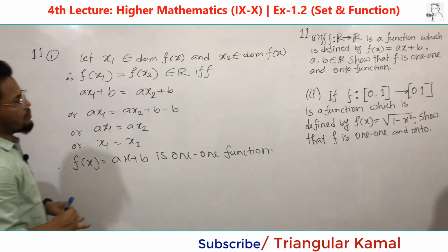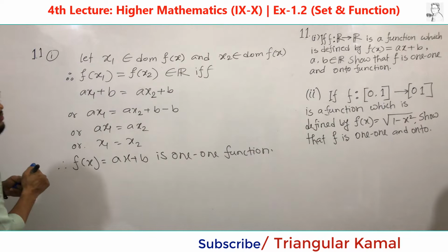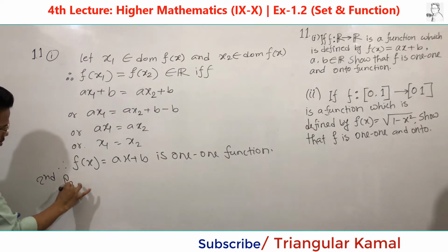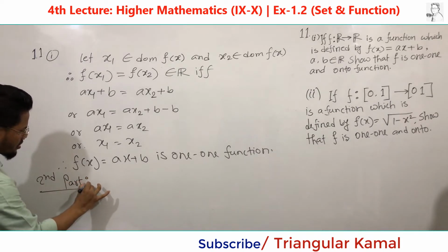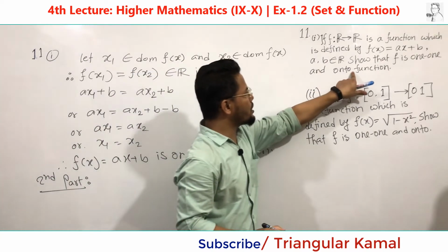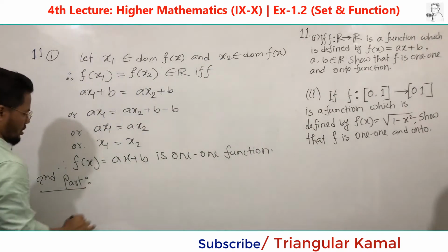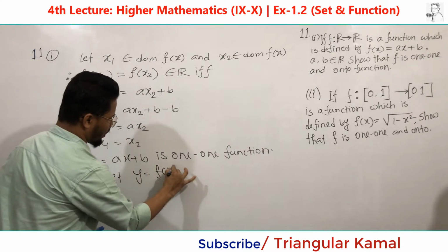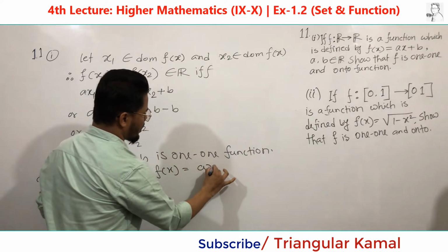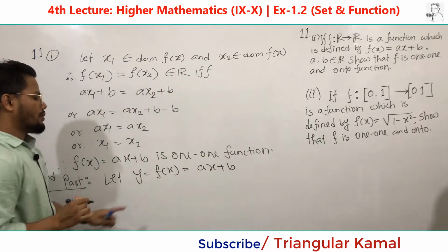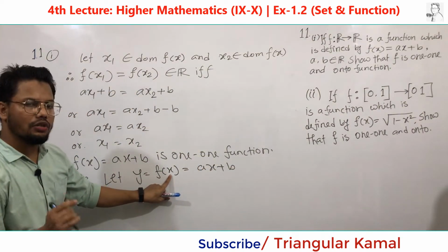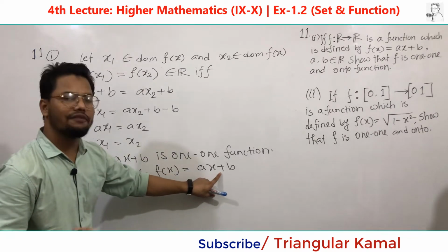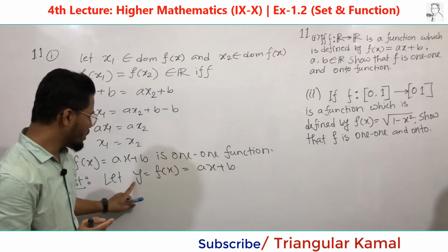Now we will do the second part. The requirement is to show that f of x is onto function. So here you have to write: let y equal f of x equal ax plus b. That means we will apply values of x like 1, 2, 3. Whatever we apply here, we will get a functional value which is y.